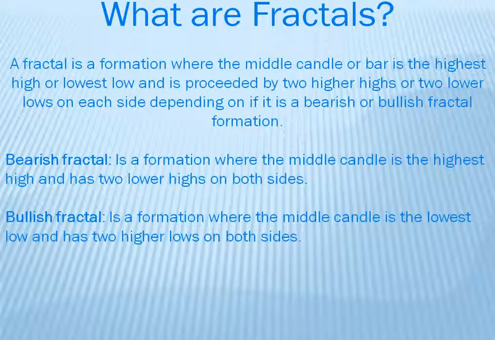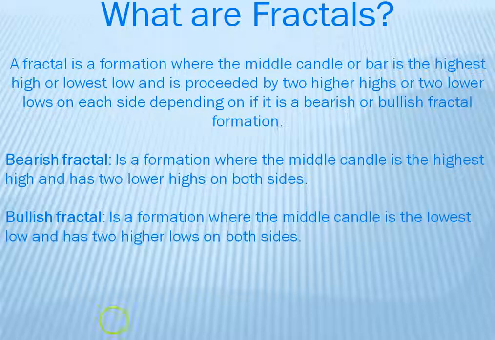That would be the formation where your middle finger is the highest. Your index finger isn't higher than your middle finger, and then your thumb isn't higher than your index finger, right? You just look at the palm of your right hand and you can see that, and you can do that with your left hand too. It's the same thing. It's going to be a fractal formation, and then we have that in the market.